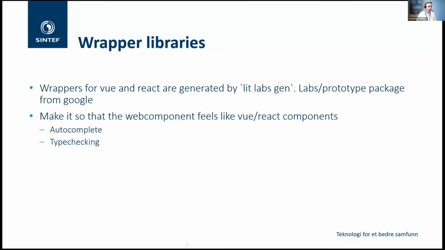You get the autocomplete and you get the type checking. But these are still in a prototype phase. So there are some issues and I needed to make some workarounds to get things working. But I still think it's worth it. It's a much better developer experience using these wrappers than using web components directly.